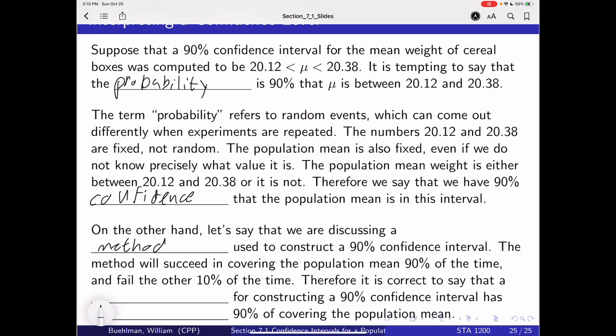The method will succeed in covering the population mean 90% of the time and fail the other 10% of the time. Therefore, it is correct to say that a method for constructing a 90% confidence interval has a 90% probability of covering the population mean. So the method has a 90% probability of getting the correct population mean.